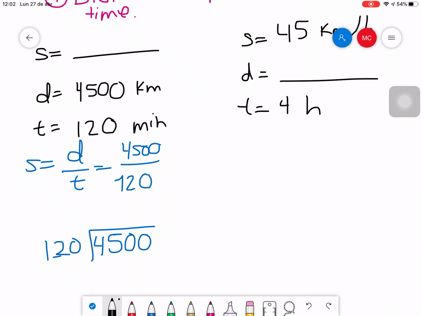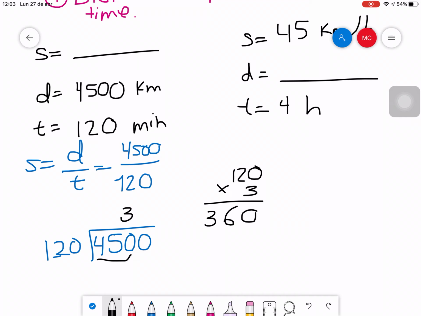minutes, okay? And then I start dividing, and I say, how many times does 120 fit 4,500? And then it is 3 times, well, let's take 3 numbers, and I know it is 3. Let's do our check. 3 times 0 is 0, 3 times 2 is 6, 3 times 1 is 3.